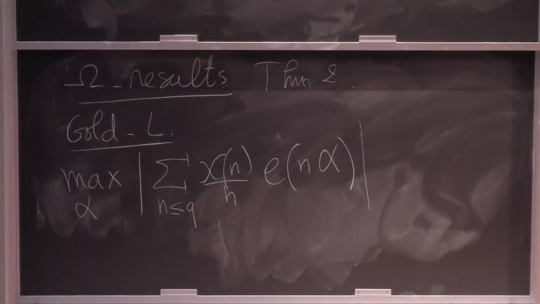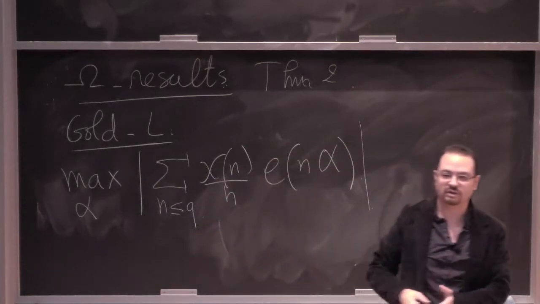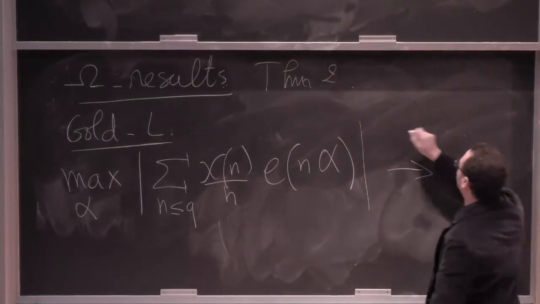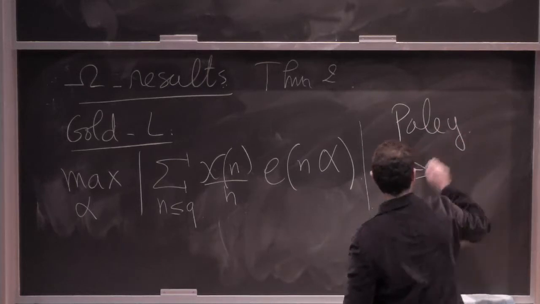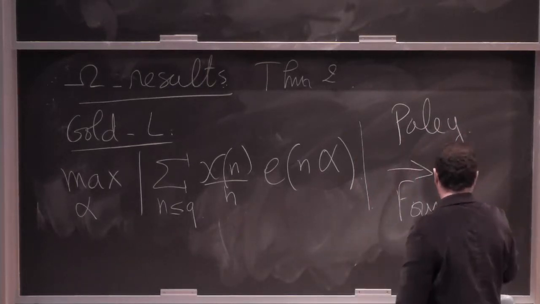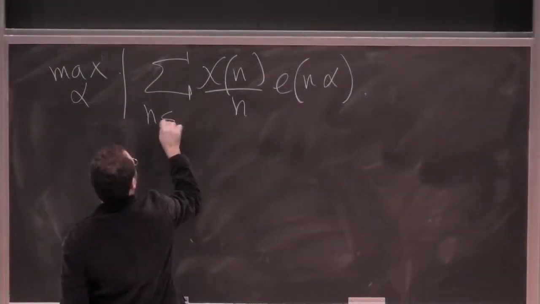You can shorten these sums, and once you shorten them, you detect the least quadratic non-residue, and you make the sum large depending on where the least quadratic non-residue is. So this goes, by Fourier analysis roughly, to something like a short sum where we can control the character sum, with alpha and up to log q.